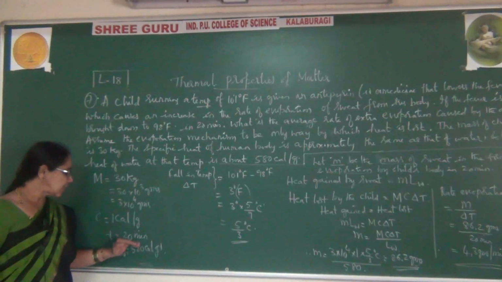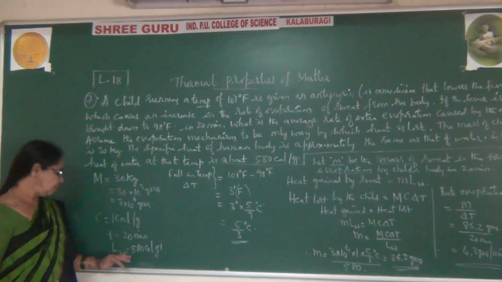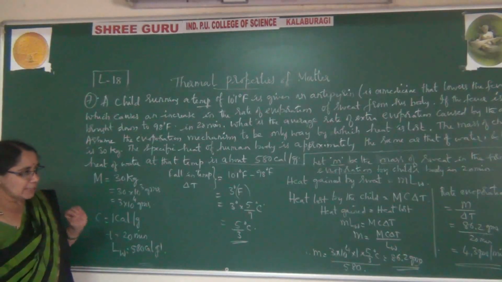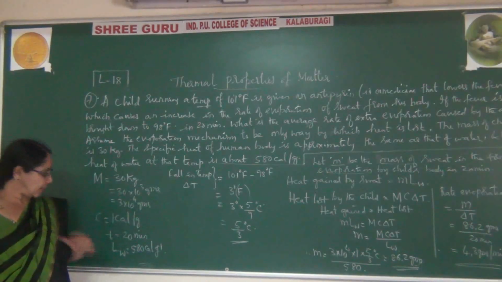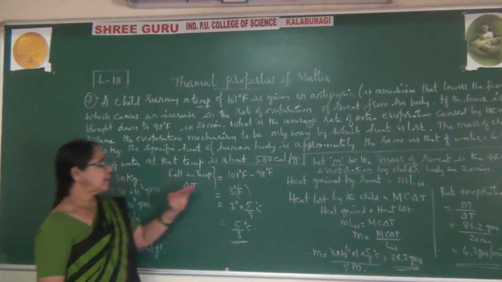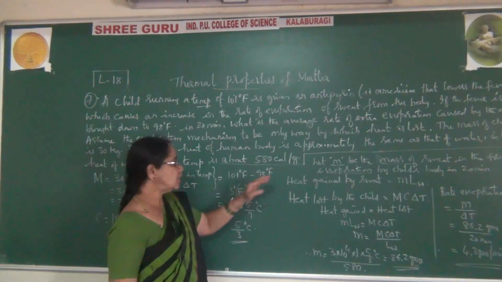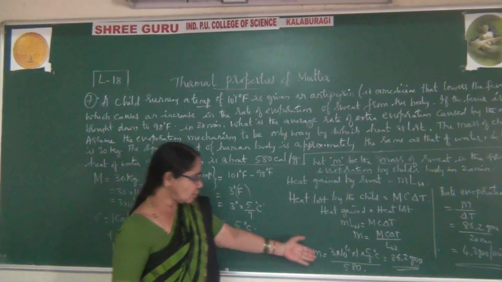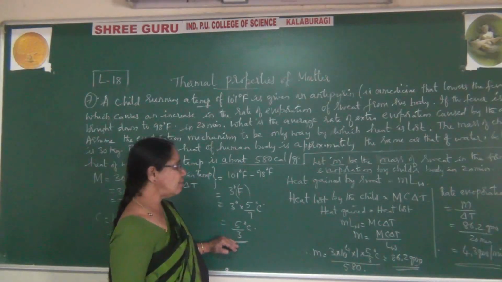If I calculate in seconds, it takes a bigger number, so I have kept 20 minutes as it is. So at 4.32 grams per minute, the evaporation has taken place. At the same time, they have given the temperature in degrees Fahrenheit. That should be converted to degrees centigrade, because here they are calculating in degrees centigrade. So this is the conversion.